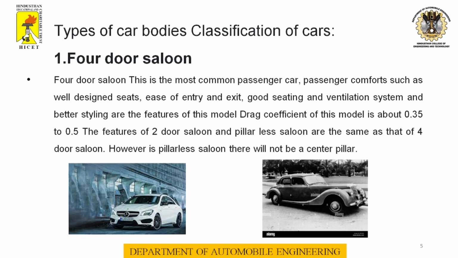The features of 2-door saloon and pillarless saloon are the same as those of 4-door saloon. However, in a pillarless saloon, there will not be a center pillar. So this is a sample picture of our 4-door saloon. From the 1960s onwards, the 4-door saloon model is still in the market.